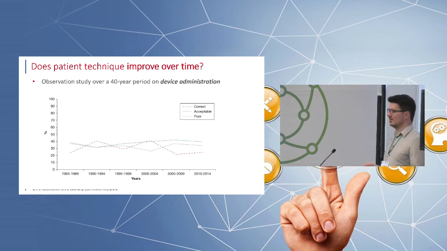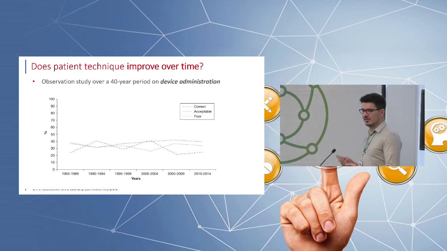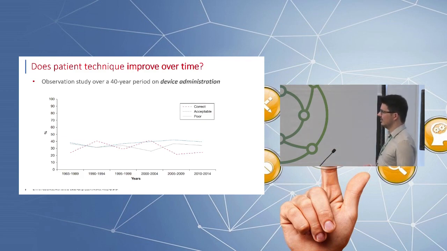So even within 40 years, the patient learns in the beginning how to use the device in one way, and during the 40-year period, they will always use the device in the same way. So it's just to point out that we really need to think more and put more effort into training programs for the patients to be trained in a proper manner, not only at the beginning, but also with follow-ups to ensure that they are really using the devices in an appropriate manner.